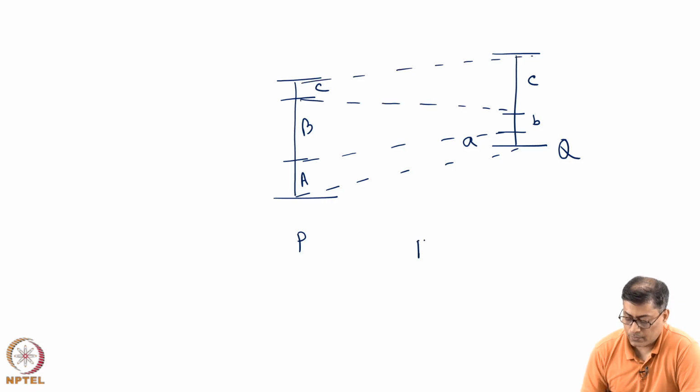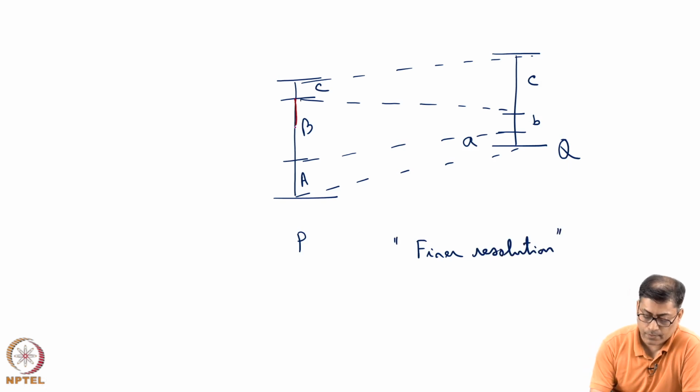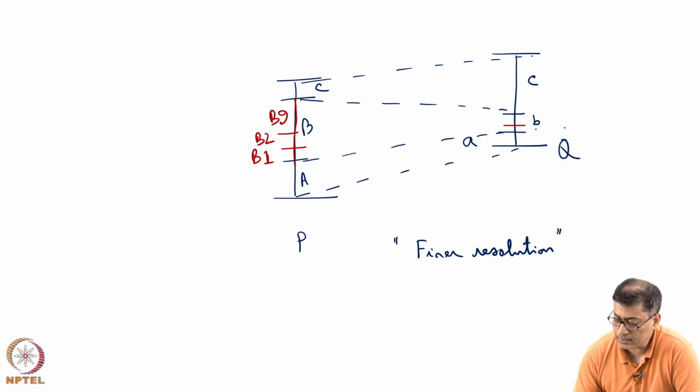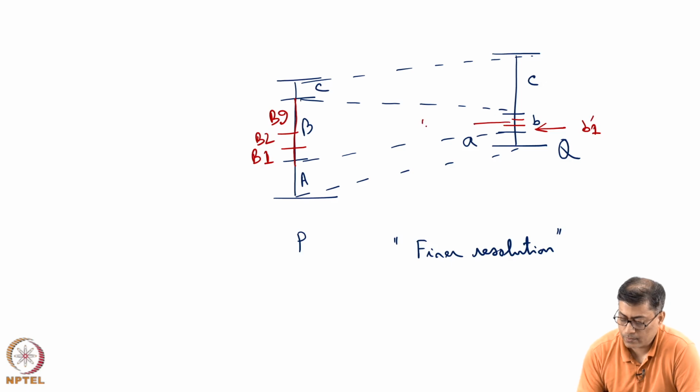Now, the meaning of finer resolution means this B is divided into portions such as B1, B2 and let us say B9, and here we make classifications small b1 dash, b2 dash and here small b9 dash.